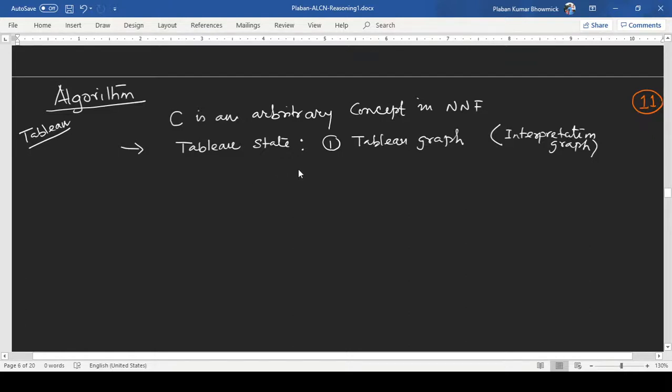And the second thing, which we just got to know, is a set of inequalities.